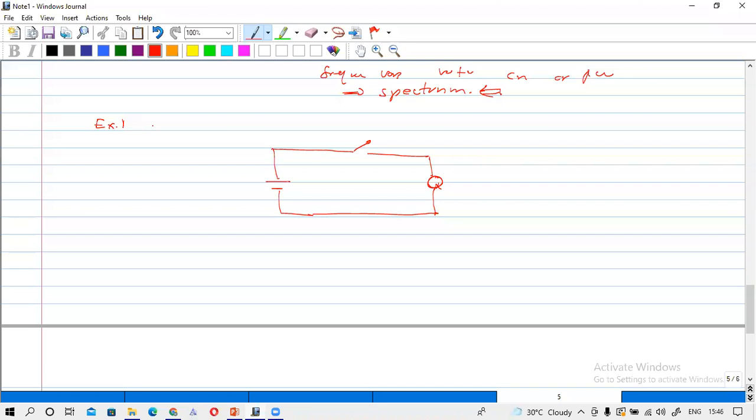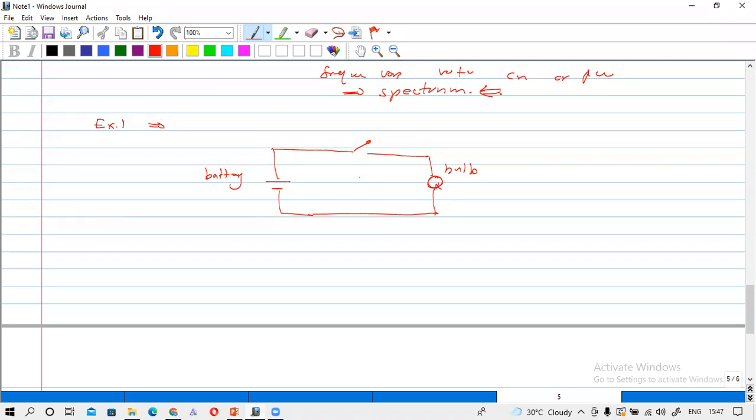This is the simplest circuit, no? The simplest form of a circuit we can find in electronics or electrical. So this is a battery, and this is a bulb. Just a bulb.